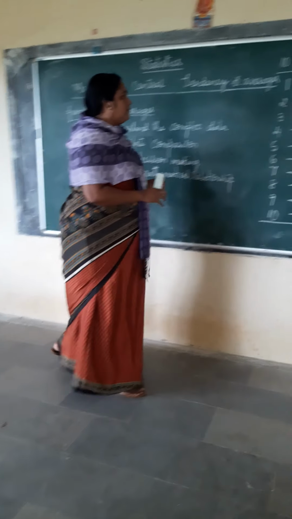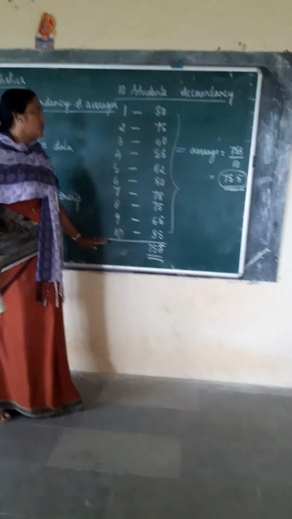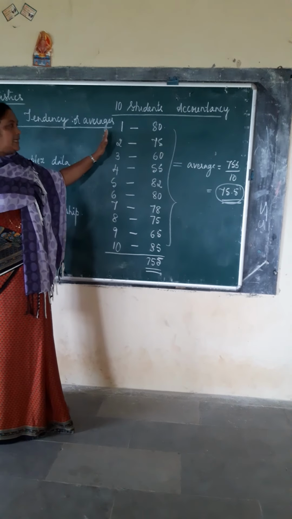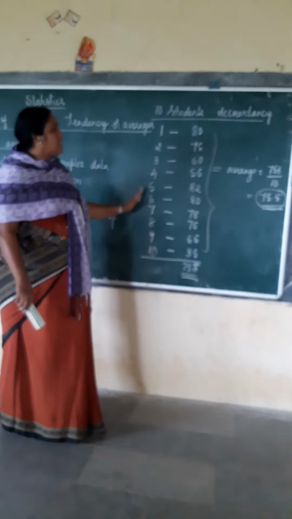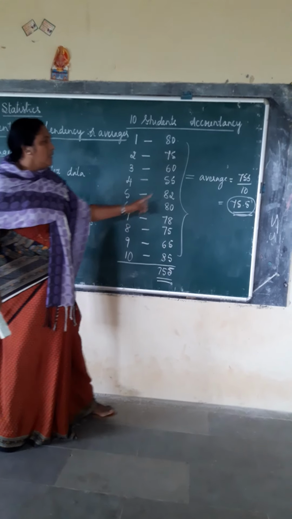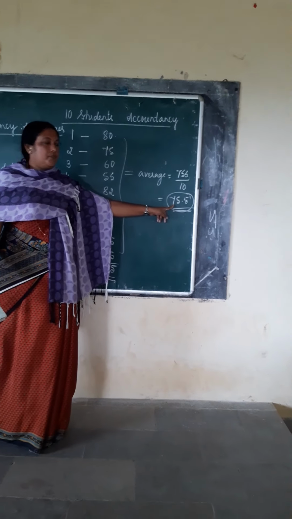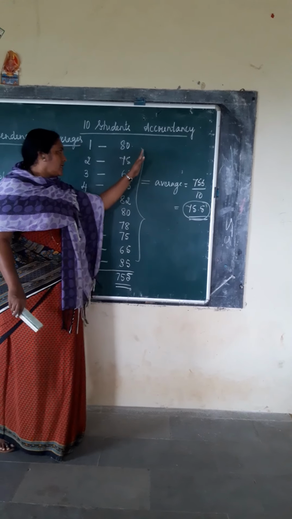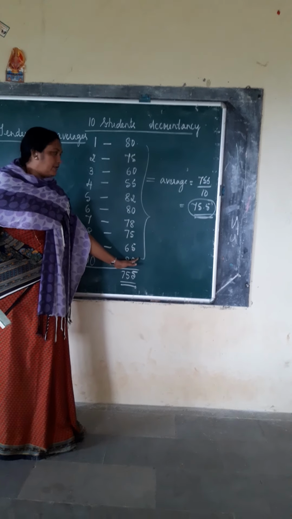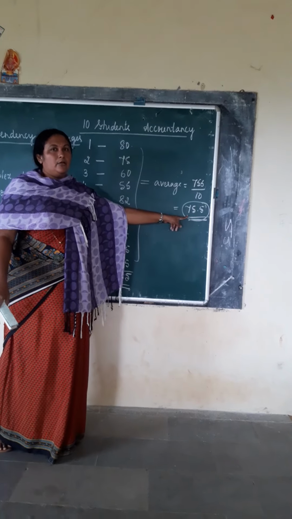Okay. Now we have taken this information, that is the marks scored by 10 students. So these are independent variables and we have found out the average. This average is based on the data that is given, so this is the dependent variable.